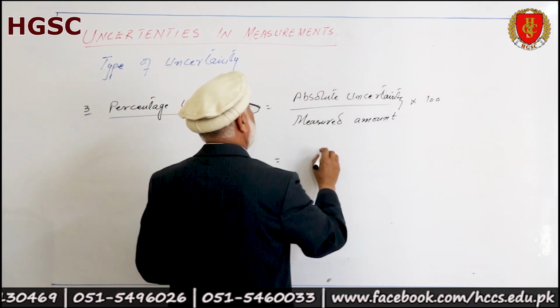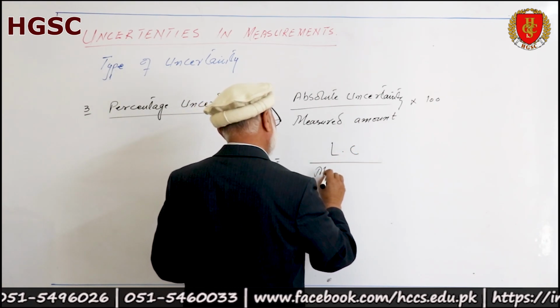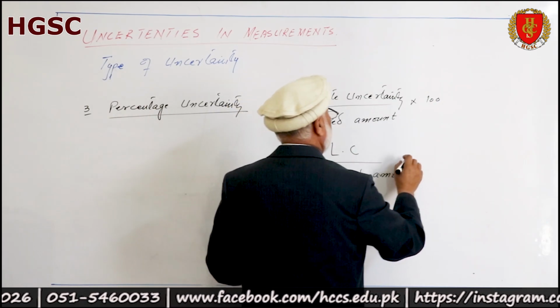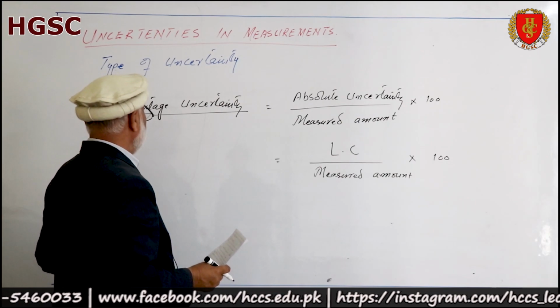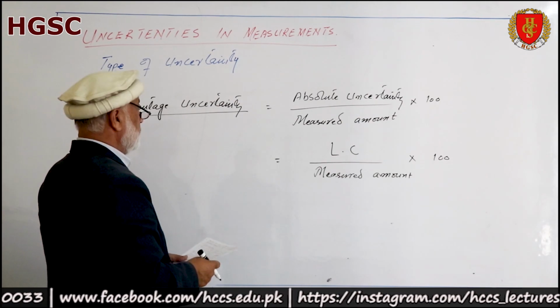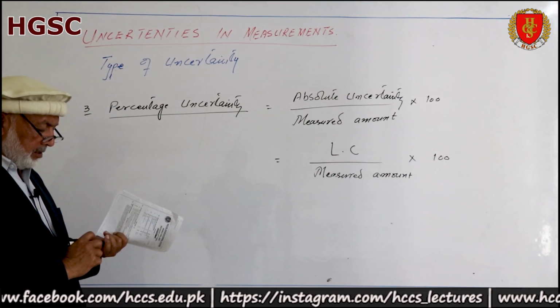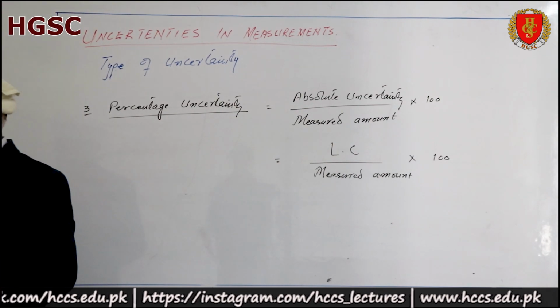We can also write it as least count over measured amount multiplied by 100. We call it percentage uncertainty. So these three types of uncertainties are used in numerical problems.